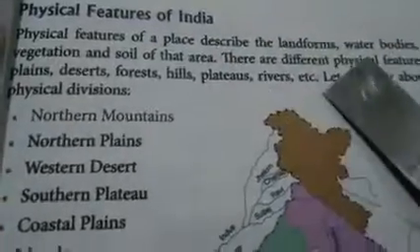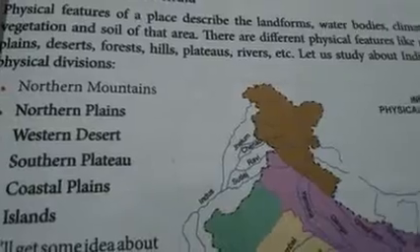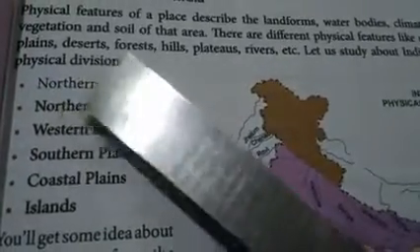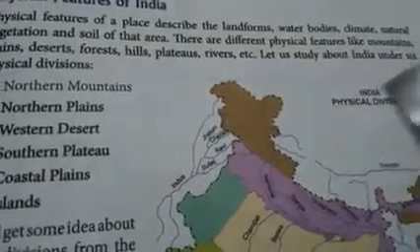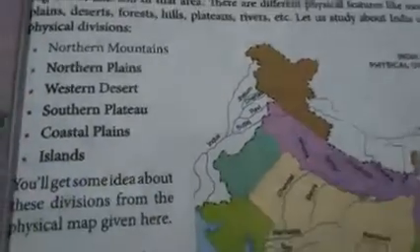There are different physical features like mountains, plains, deserts, forests, hills, plateaus, rivers, etc. So let us study India under 6 physical divisions: northern mountains, northern plains, western desert, southern plateau, coastal plains and islands.